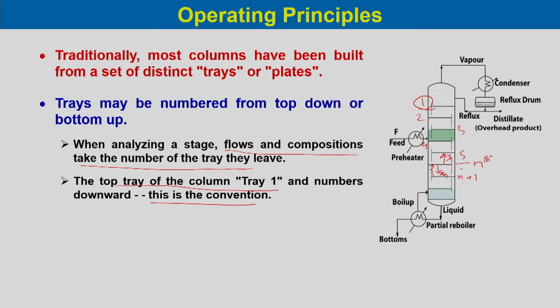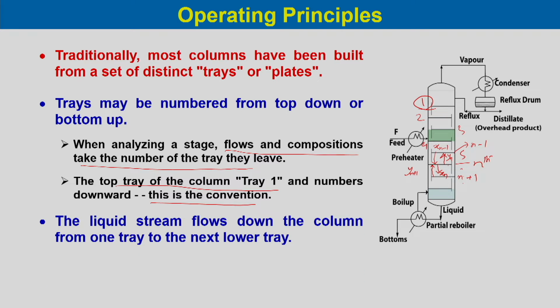So, the vapor into this tray would be y n plus 1, and the liquid will come from the top of this tray, that is the n minus 1. So, the liquid which enters this nth tray would have composition x n minus 1. So, this way the flows and compositions are numbered for a particular tray.